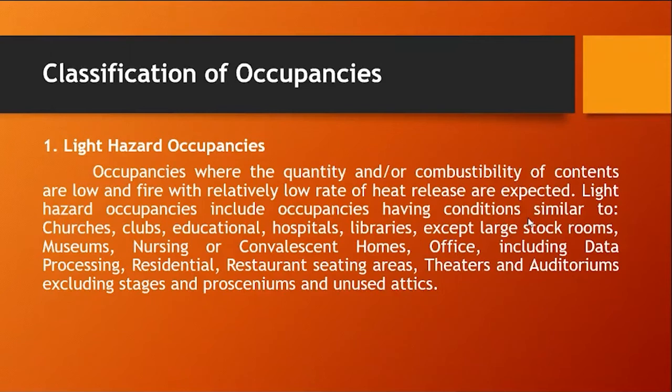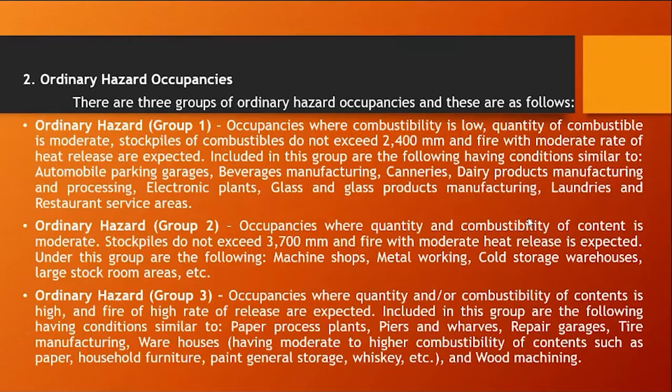Light hazard occupancies include occupancies having conditions similar to churches, clubs, educational, hospital, libraries except large stock rooms, museums, nursing or convalescent homes, offices including data processing, residential, restaurant seating areas, theaters and auditoriums excluding stages and prosceniums, and unused attics.